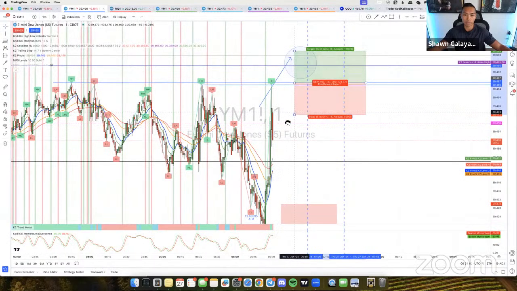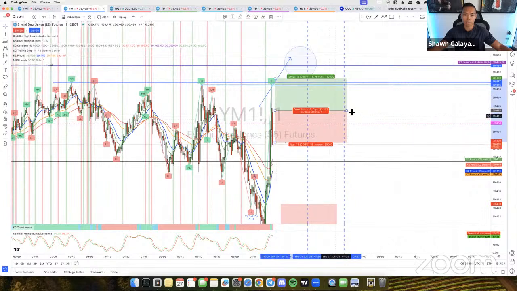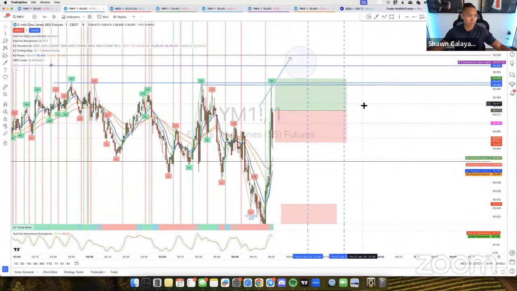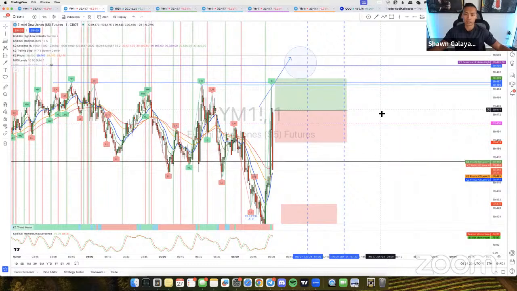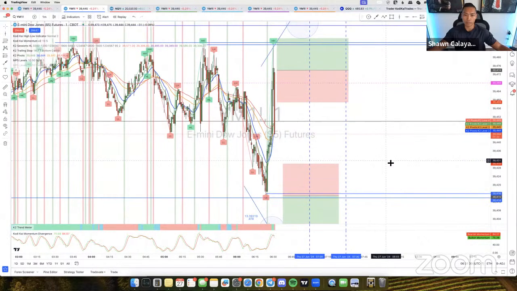So what I want to see is a big wick on the bottom and then have it swing right back up. If we get that, then I'll look for a possible buy here. If not, then we might get a continuation back to the downside.